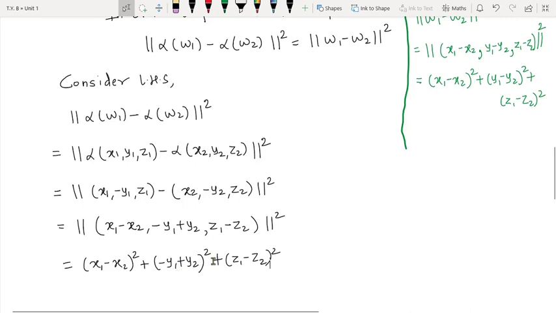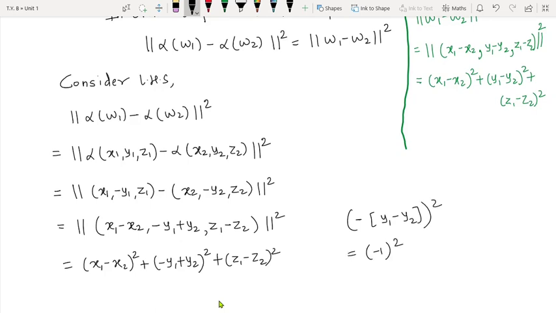Why? Because the square is there. How can I write it? If I take the minus sign out, it will be y1 minus y2 and square, which is equal to minus 1 square inside the bracket, y1 minus y2 whole square, and you know minus 1 square is 1, so it is the same as y1 minus y2 whole square. What is the previous term?